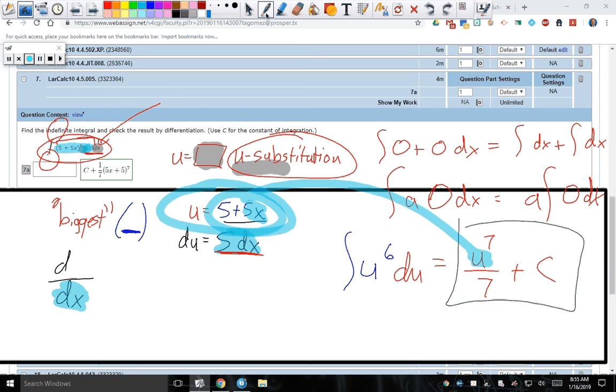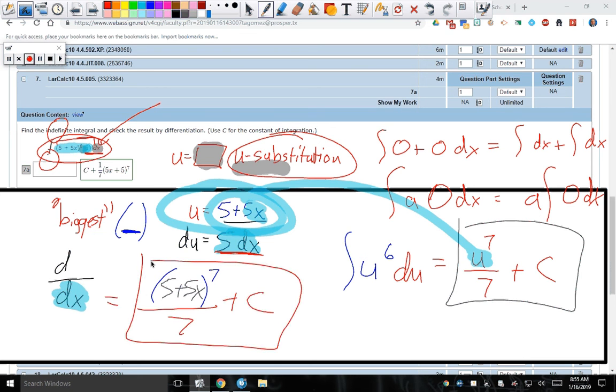There's a lot of substitution that goes on. So where I see u now, I'm going to put 5 plus 5x. It's going to be to the power of 7, and everything else stays the same as far as the answer is concerned. Now I've gone back to terms of x, which is what the original problem was asking for, and there's my answer. Okay? All right, let's do another one.